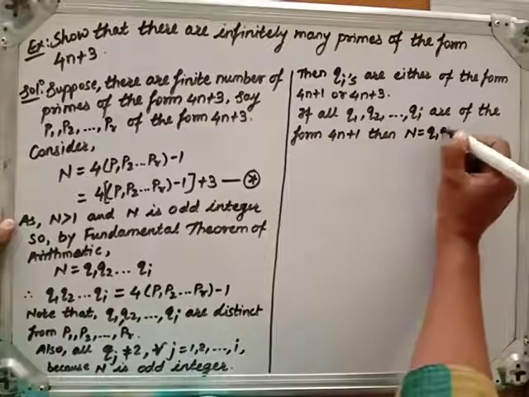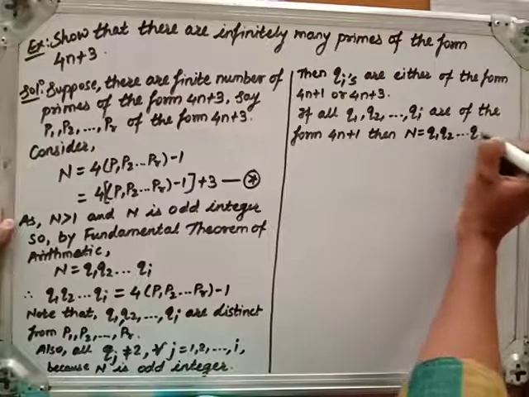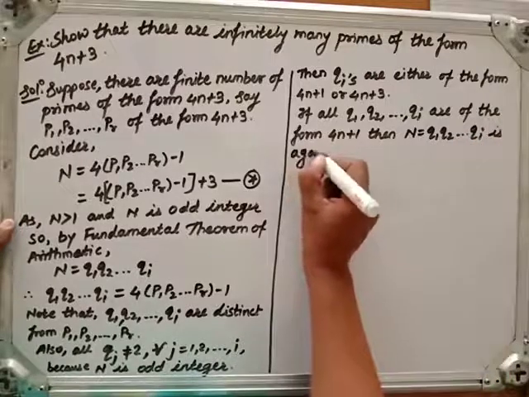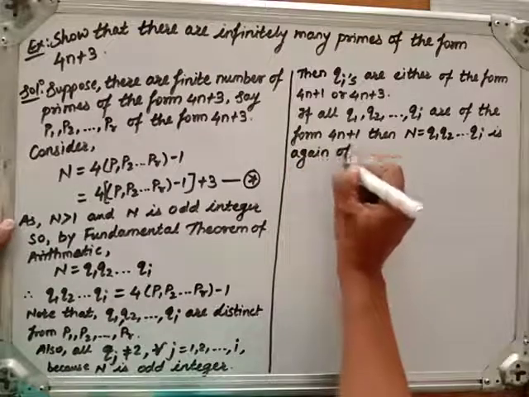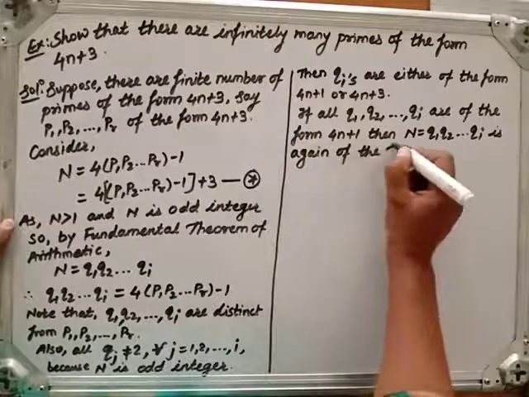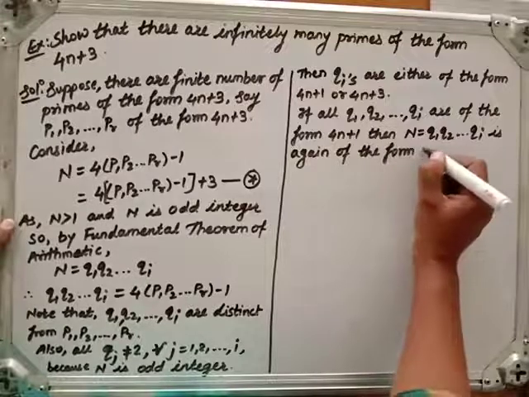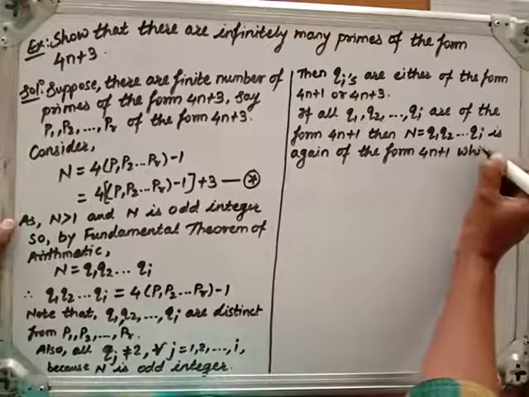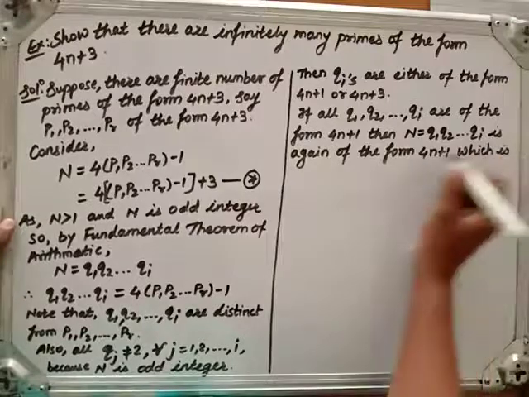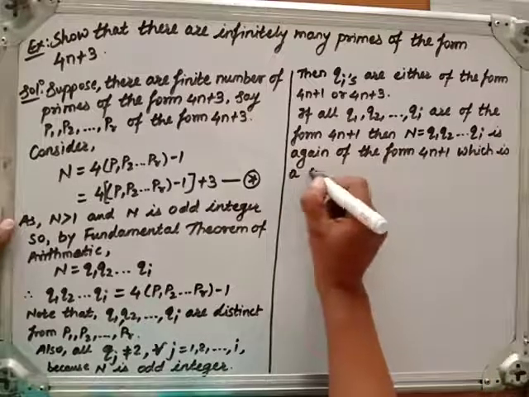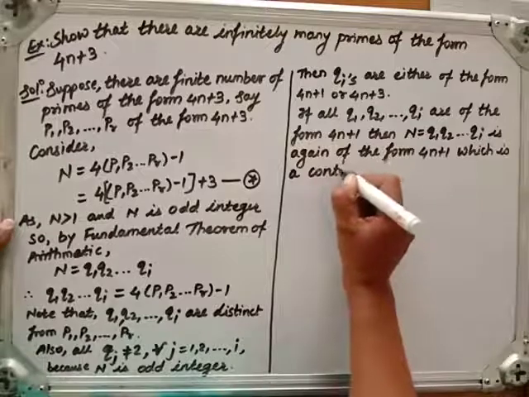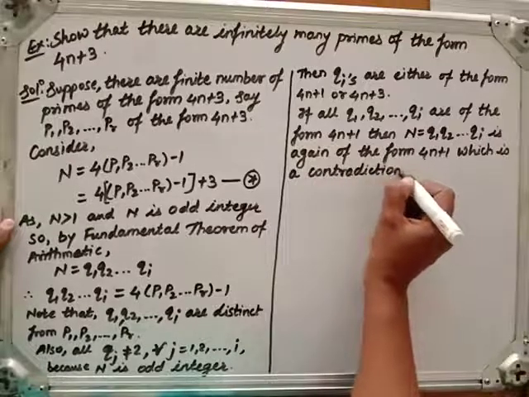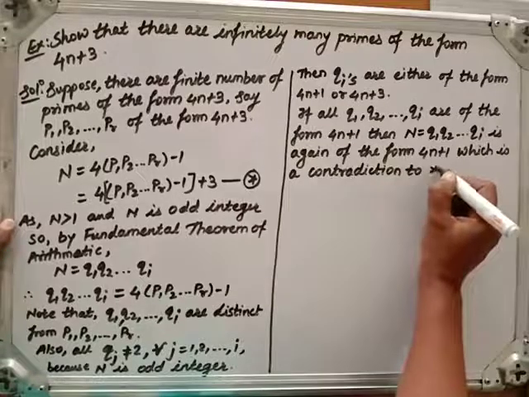That is q1 into q2 and so on up to qi, which is again of the form 4n plus 1, which is a contradiction to star.